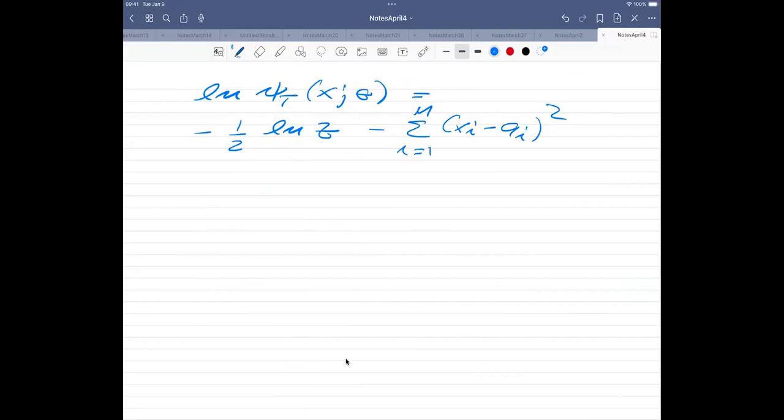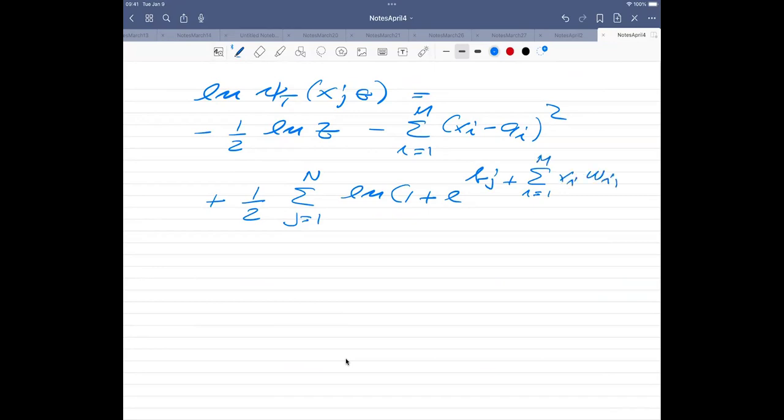And then we would get a plus 1/2. And now I have a sum over j equal to 1 up to n, and this is an ln of 1 plus e of bj plus a new sum, which goes from i equal 1 up to m, and then I have my x of i times w_ij.